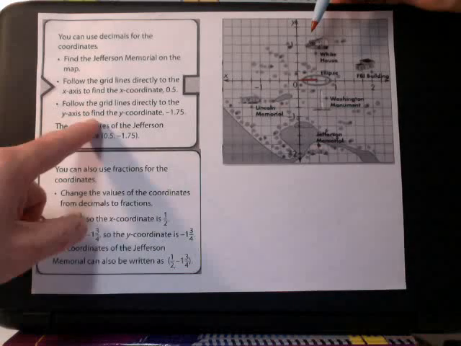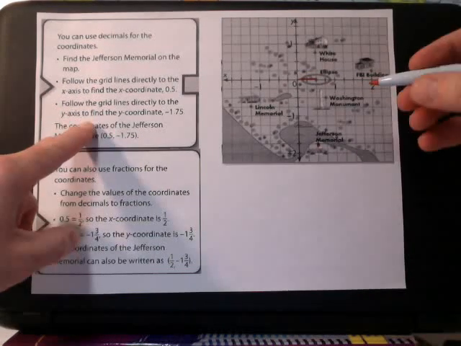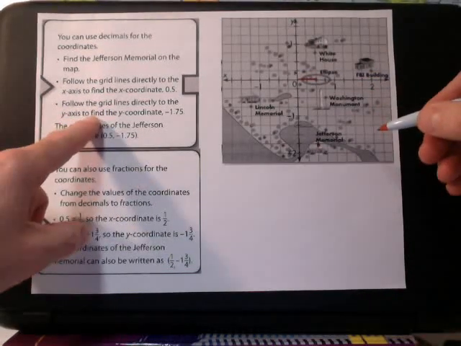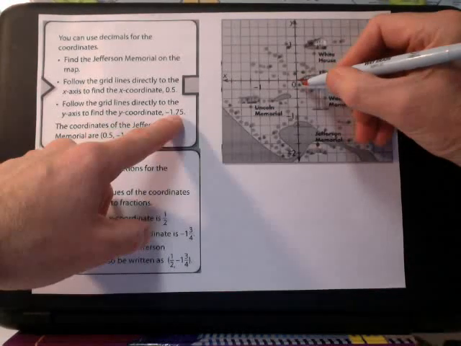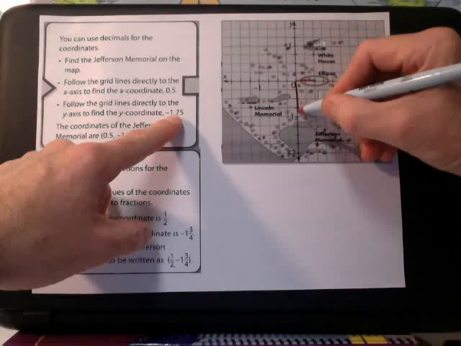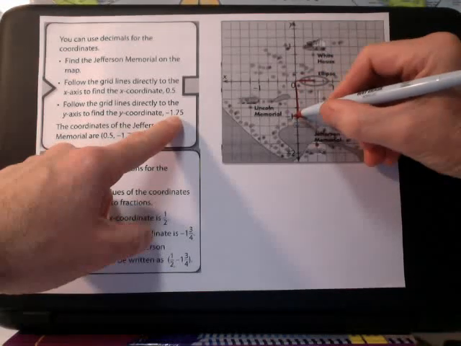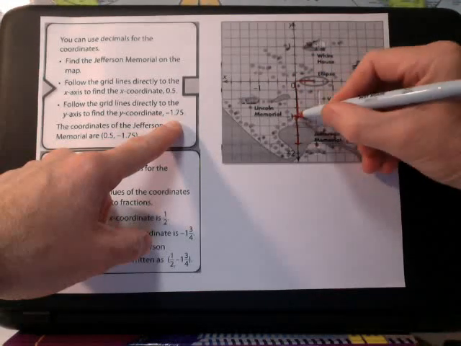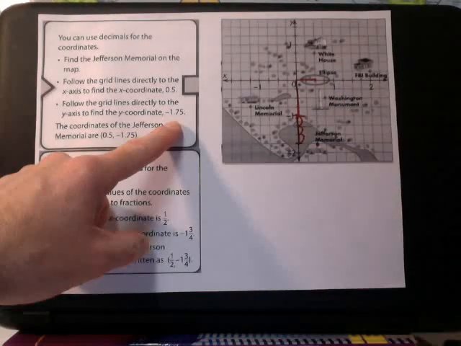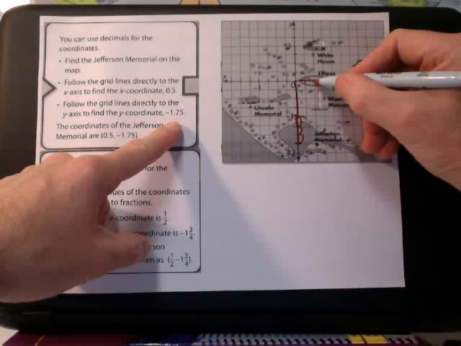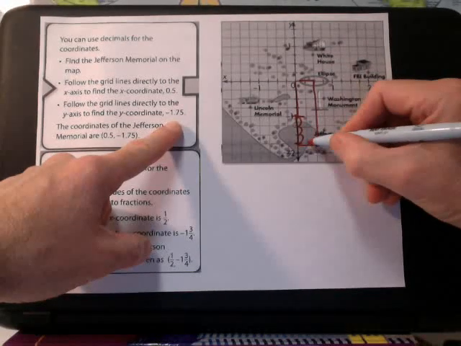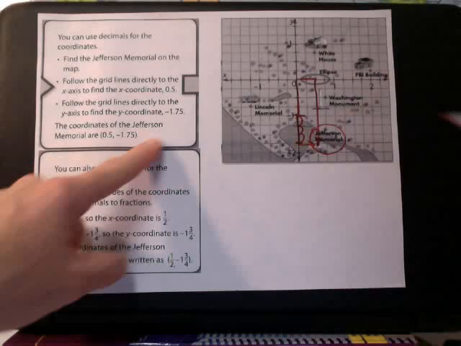Then it says follow the grid lines directly to the y-axis to find the y-coordinate. So we would come down 1 7/75. There's 1 whole unit right there, and 3/4, which is 75/100, puts us at that layer. So when those two meet out here, there's the Jefferson Memorial.